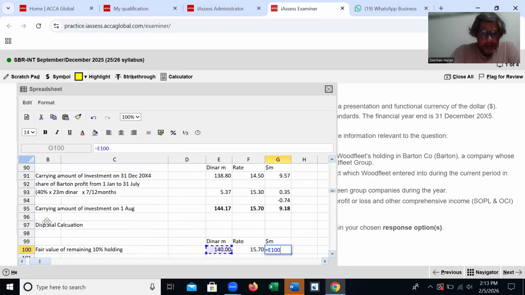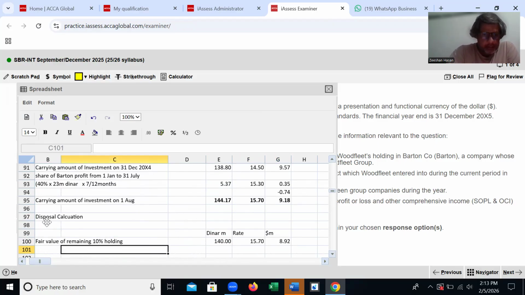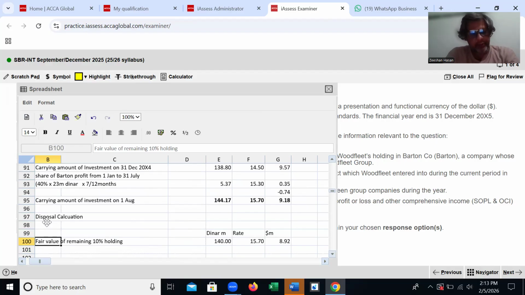So we will get less carrying amount at date of disposal. Oh, sorry, it's not fair value of remaining 10%, it's sale proceeds. I'm sorry for this, folks. It's sale proceeds.